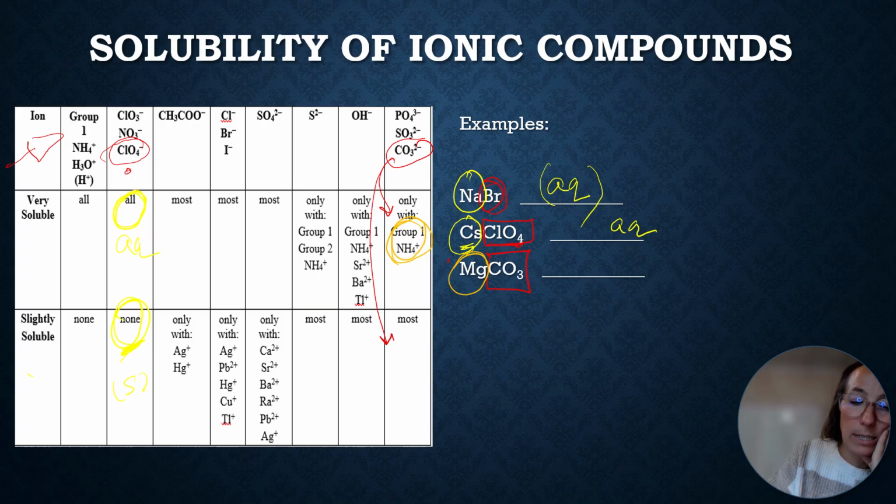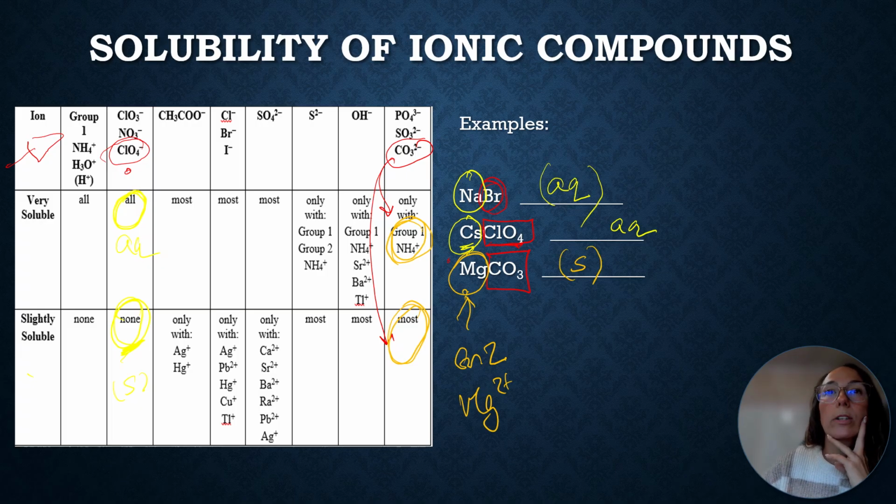So all these are 1+. Magnesium is in group 2, the second column. It's magnesium 2+, and therefore it's going to fit down here with the most. So this is only going to be slightly soluble, and therefore we're going to call it a solid. Okay, again, spend 10 minutes practicing the rest of those on your sheet.